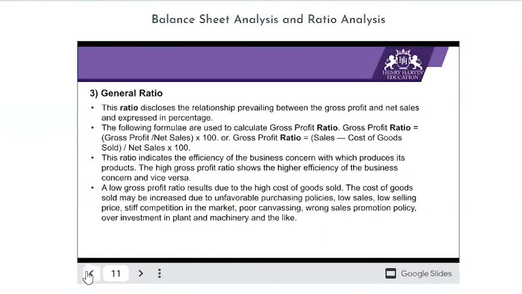Coming to profitability ratios. Profitability, as you all understand, the main objective of coming into business is profitability. We are all in the business to earn profits.